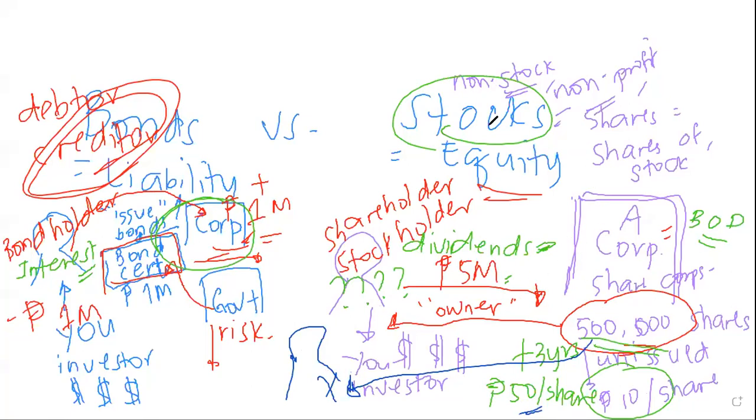Ginansya ka, right? So, the main difference between bonds and stocks is first, bonds is a liability from the perspective of the issuing corporation. Then stocks, kay equity siya. Then, if you are an investor, bonds are less risky.